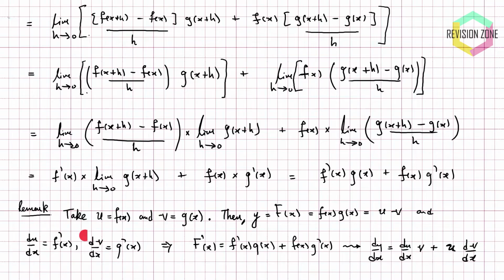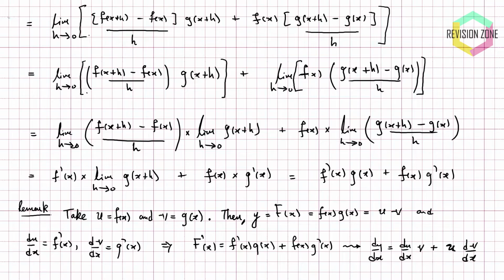So once I have these statements, I can put them into this form. If I replace my f prime by du by dx, my g prime by dv by dx, my g by v, and my f by u, I arrive at this statement here. So my dy by dx is du by dx times v plus u times dv by dx.